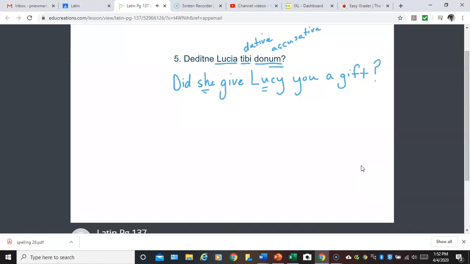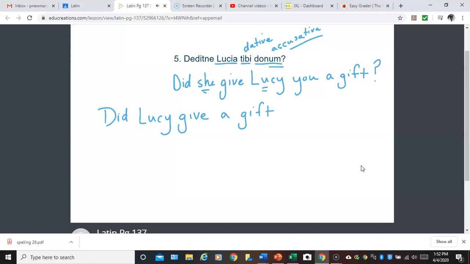So if we were going to write that, we would say, did Lucy give? And what is being given? A gift is being given. The donum, which is in the accusative, which is your direct object, you know that, is receiving the action. So did Lucy give a gift?